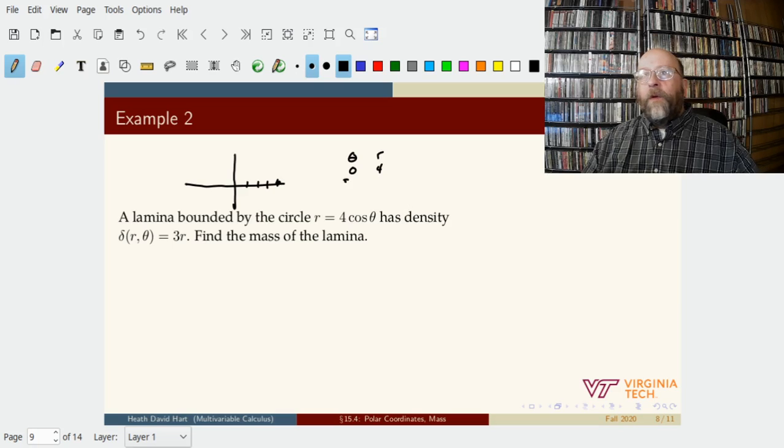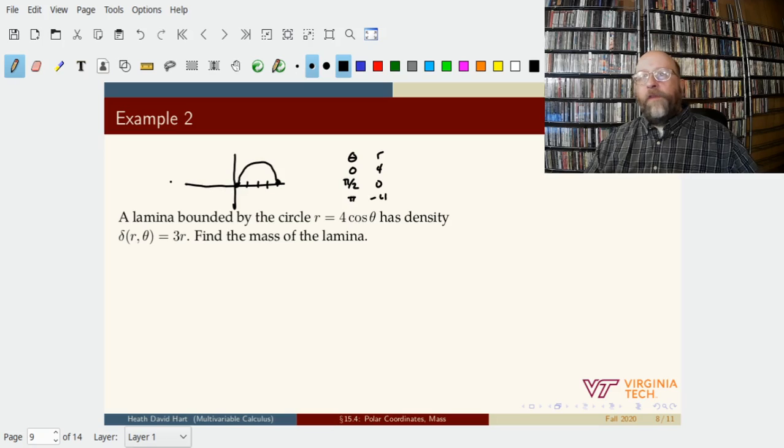When theta is pi over 2, cosine of pi over 2 is 0. And so at 90 degrees, we have come back to a radius of 0. When theta is pi, the radius is negative 4. Cosine of pi is negative 1, and so that's going to be negative 4.